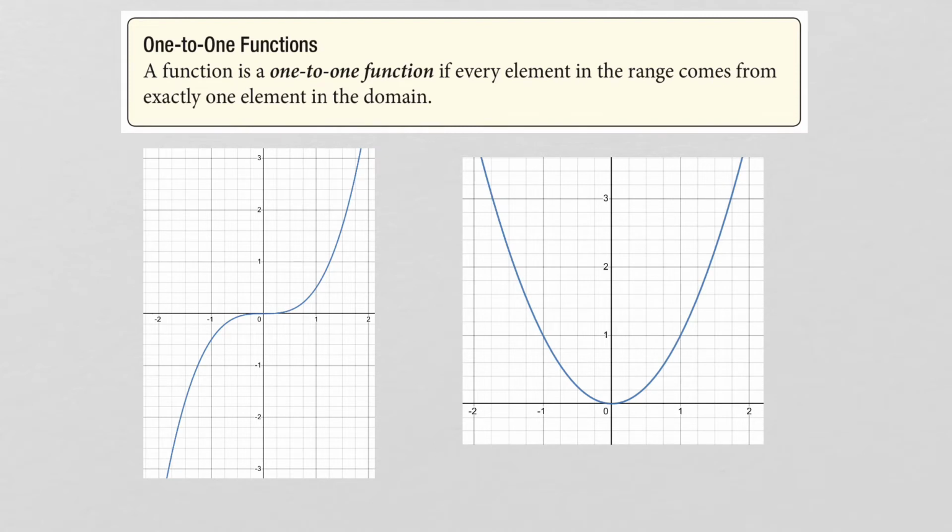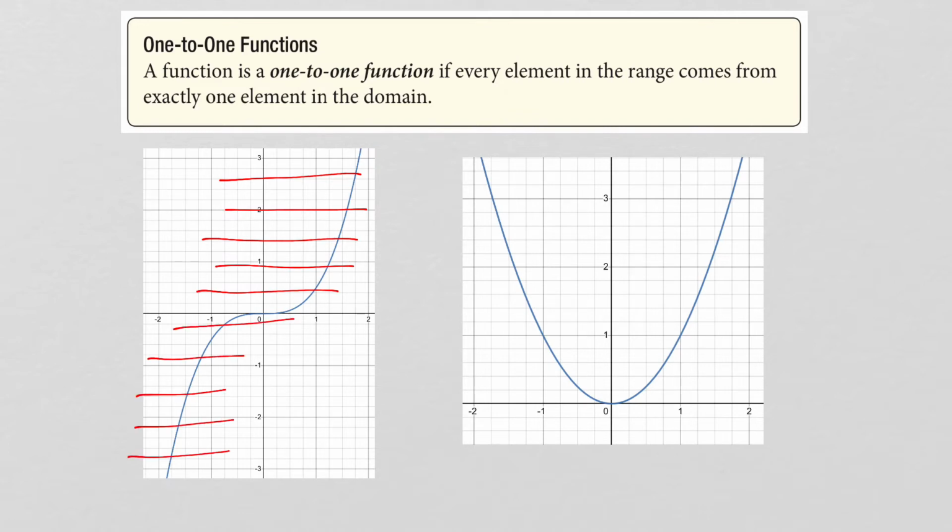But to be a one-to-one function, not only do vertical lines have to hit the graph at the most one time, but horizontal lines also are only allowed to hit the graph one time. If you imagine drawing every possible horizontal line, you can see for this first graph, every possible horizontal line only intersects the graph at the most one time. So this graph represents what we would call a one-to-one function.